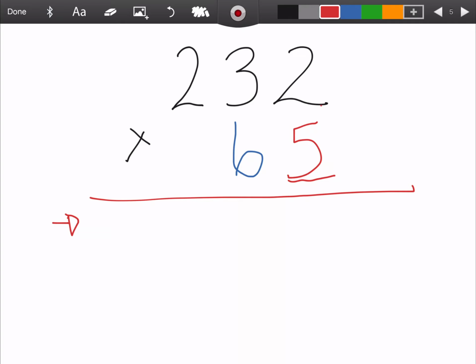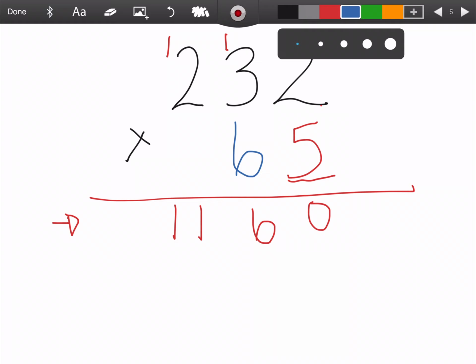And so we start with 2 times 5 is 10, and I carry the 1. And then I look at the next place, which is the tens place, and I say 5 times 3 is 15, plus that extra 1 is 16. And again, I carry the 1. And then I look at 5 times 2 in that hundreds place, plus 1 equals 11.